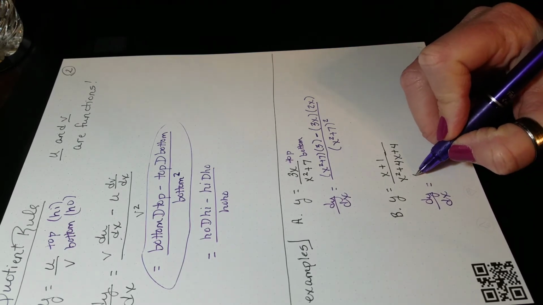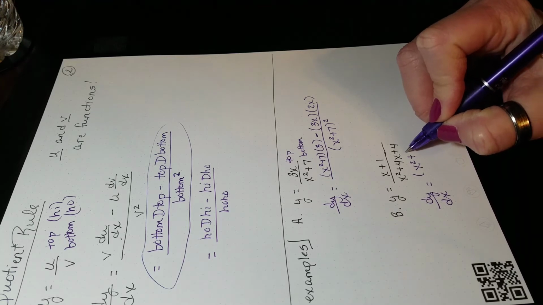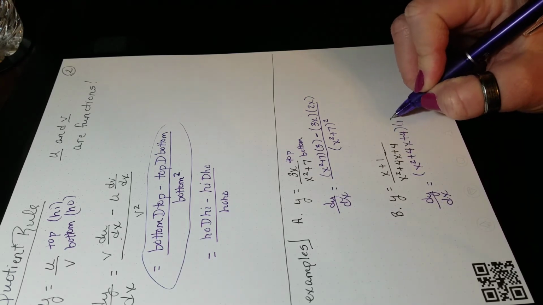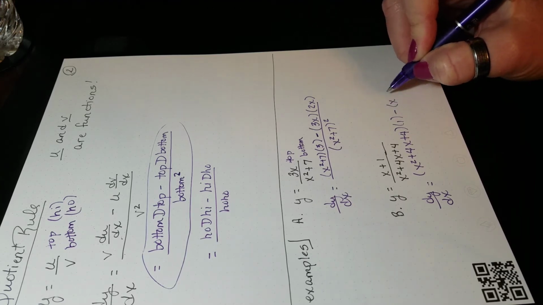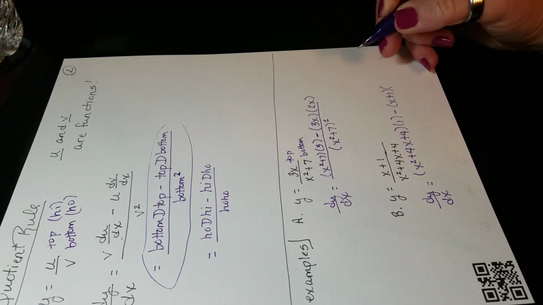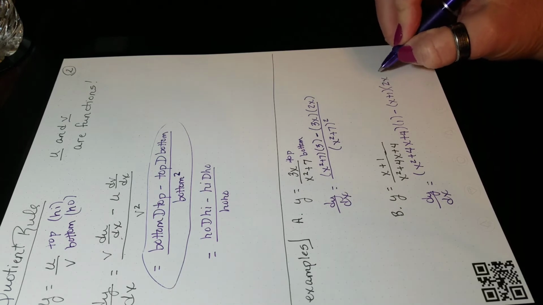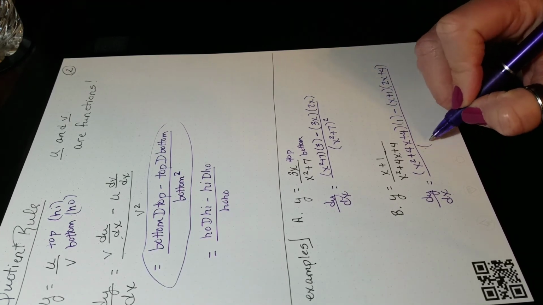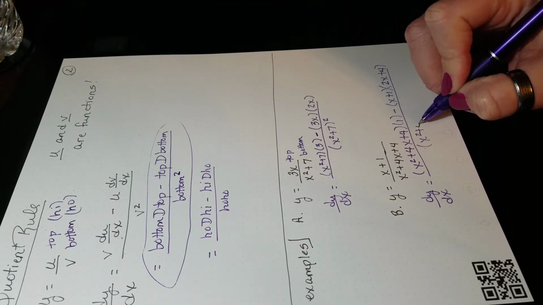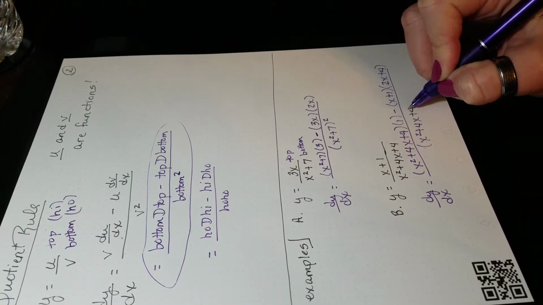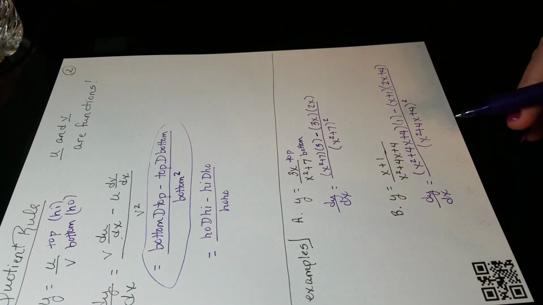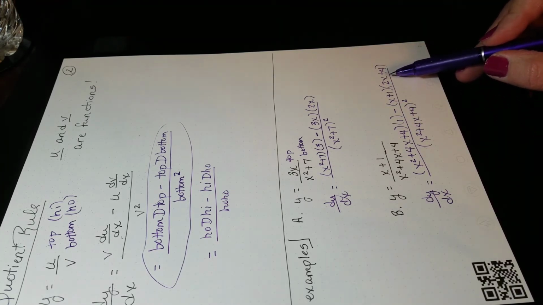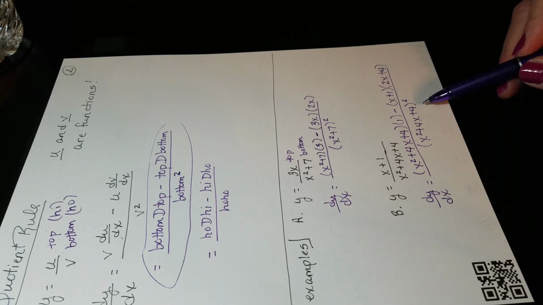So we've got to go bottom, x squared plus 4x plus 4 times the derivative of the top, 1, minus the top, x plus 1, times the derivative of the bottom, 2x plus 4, all over the bottom quantity squared. x squared plus 4x plus 4 quantity squared. So bottom times derivative of the top, 1, minus the top, x plus 1, times derivative of the bottom, 2x plus 4, all over the bottom quantity squared.